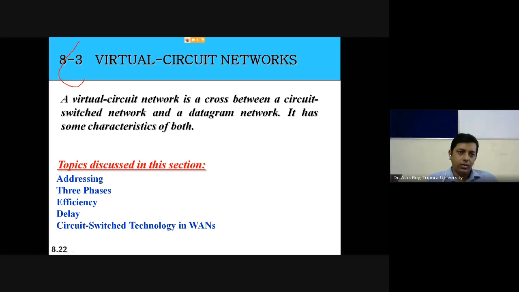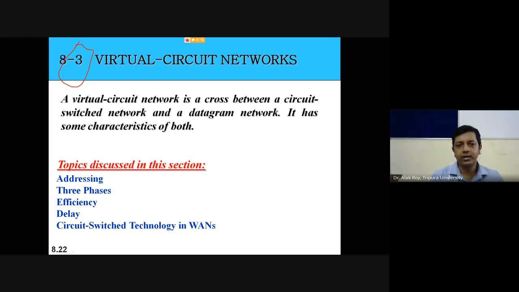Now if you have understood the type 1 and type 2 switching, now we will start with the third type, known as the virtual circuit network. A virtual circuit network is a cross between a circuit switch network and the datagram network.